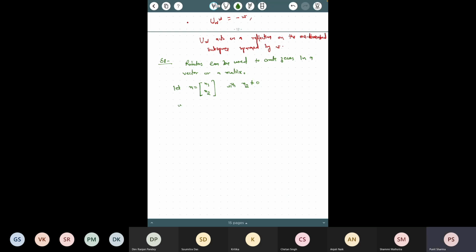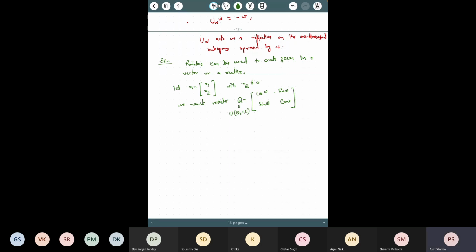Then we want to find a reflector, or rather, a rotator Q, that means cos theta, minus sin theta, sin theta, cos theta. We want to find this rotator Q. In our notation, this is theta 1, 2.